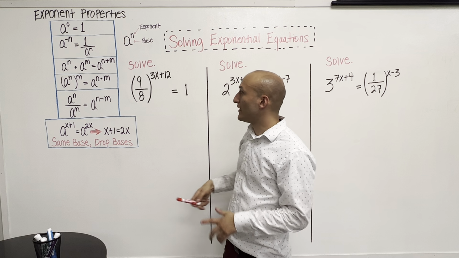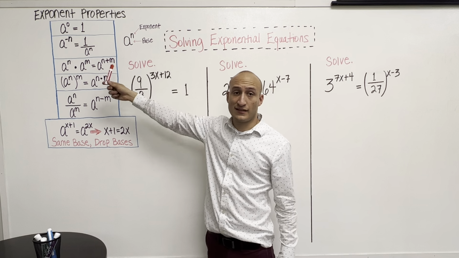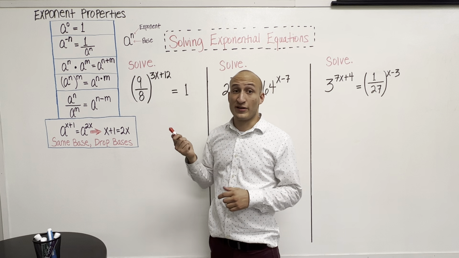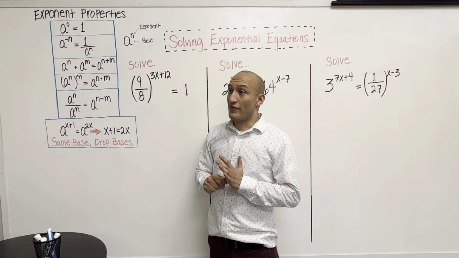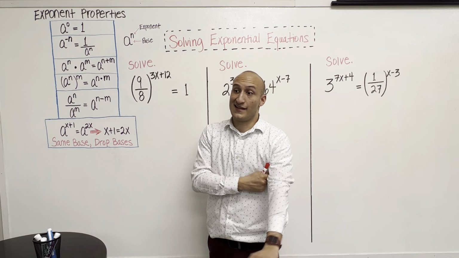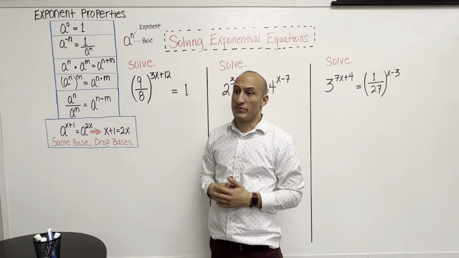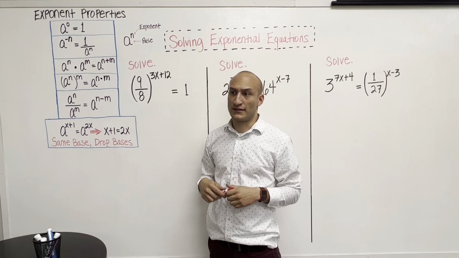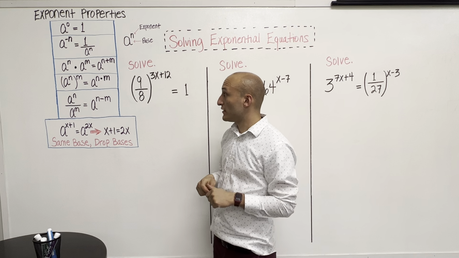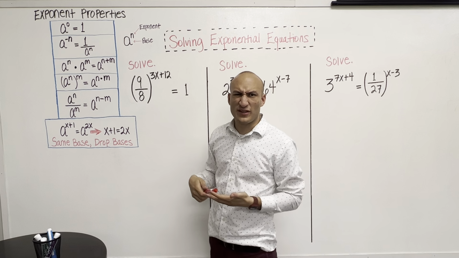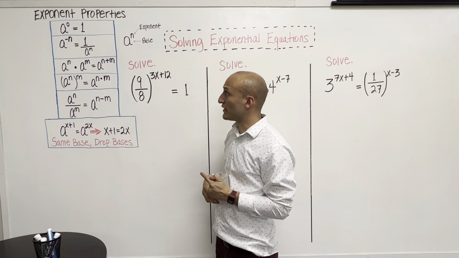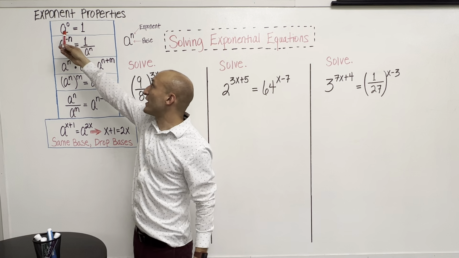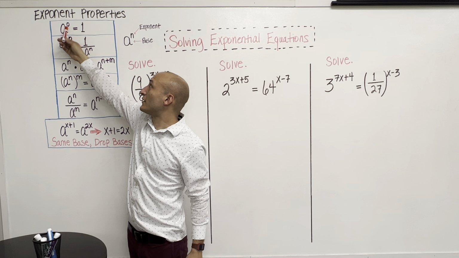And lastly here, I took the time to write and list the exponent properties. Very important to know, very important to memorize and be able to have it there in our toolbox, because it's gonna help us in the long run. Not too difficult to remember. The first one, if I raise anything to 0 power, it's gonna equal 1.